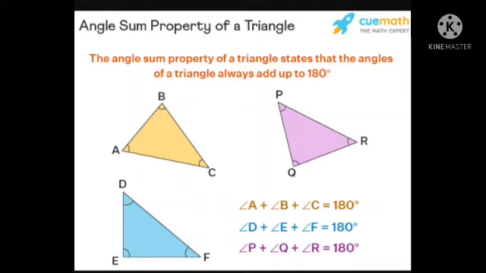Draw the picture of a triangle and write: the sum of the three angles of a triangle is always equal to 180 degrees, or two right angles. Two right angles means 2 times 90 degrees, which makes 180 degrees. So the sum of the three angles in a triangle is 180 degrees.